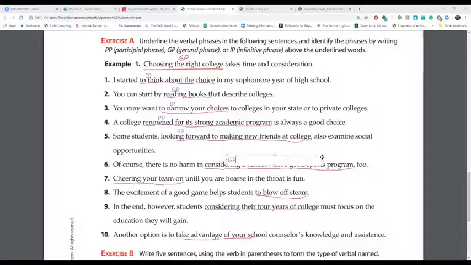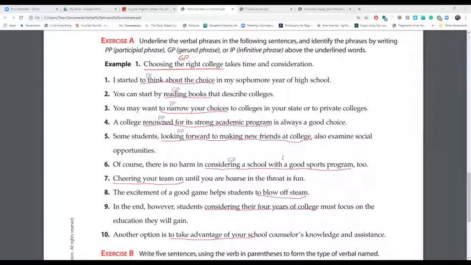So it's not modifying any verbs necessarily, but it is the main subject of the sentence. It's being used as a noun, actually. So if it's being used as a noun, it is also a gerund phrase. It's the main subject of the sentence. So all you need to basically know is, is it modifying a noun? Is it being used as an adjective? If not, then it's a gerund phrase.